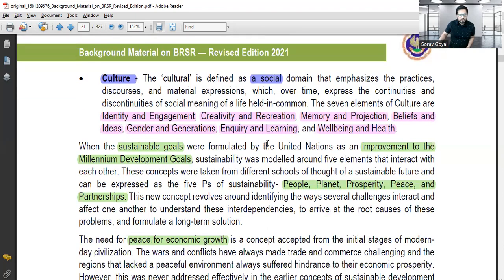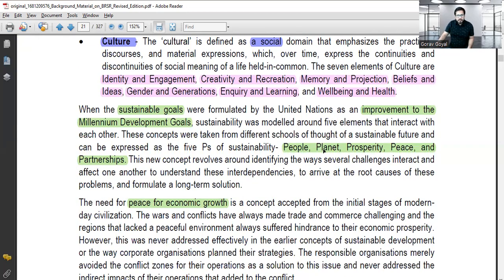So you can read through the material to have more details. So this is people, planet, prosperity, peace, and partnership, an improvement to the Millennium Development Goals. So what are the Millennium Development Goals? Before the development of the SDGs, there were Millennium Goals that were defined by the United Nations.